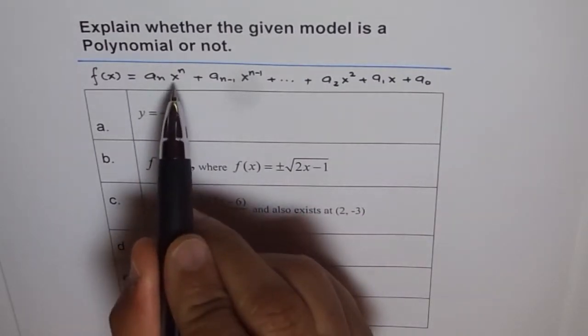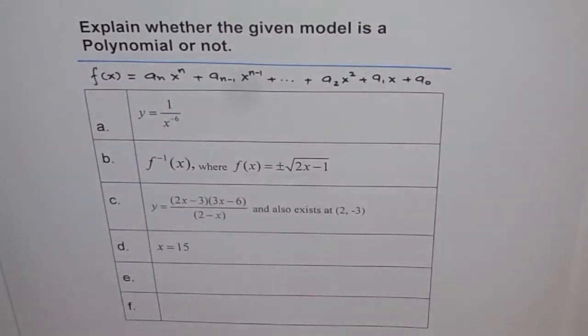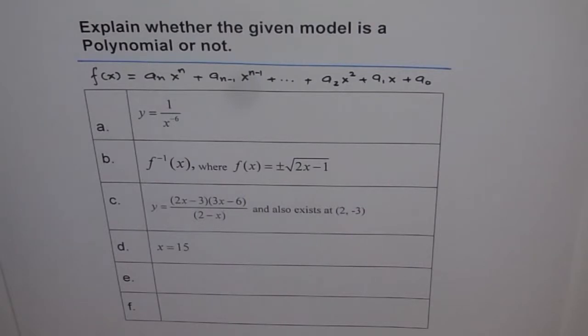That means it can have values like 0, 1, 2, 3, 4. It cannot have negative or fractional rational values.